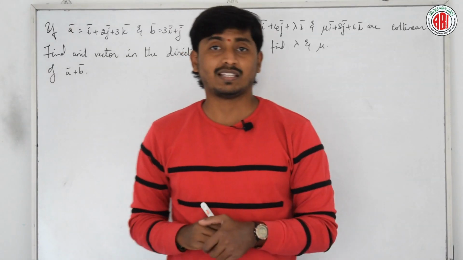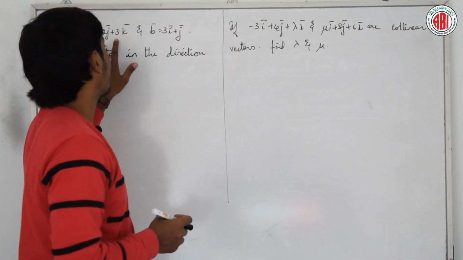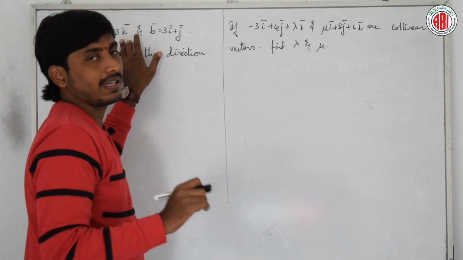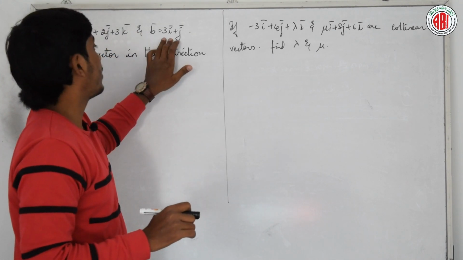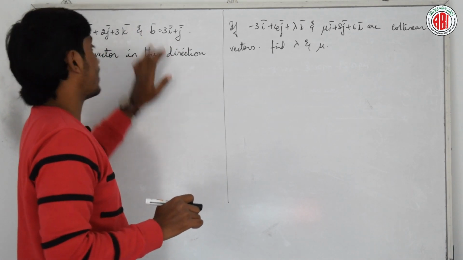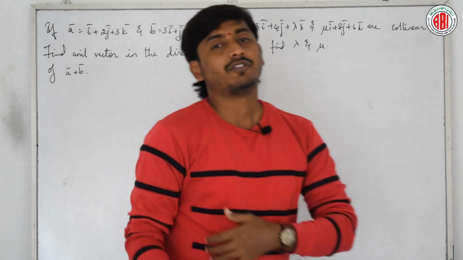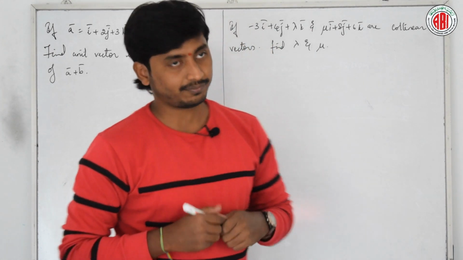Let's do. Look at these questions here. He is asking, if A is equal to i bar plus 2j bar plus 3k bar, I will simply call it i plus 2j plus 3k, and B bar is equal to 3i plus j, then find a unit vector in the direction of A plus B. How do we find it? What is the formula of a unit vector? I told you, vector by modulus of that vector.